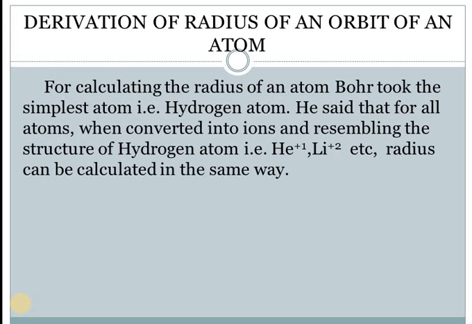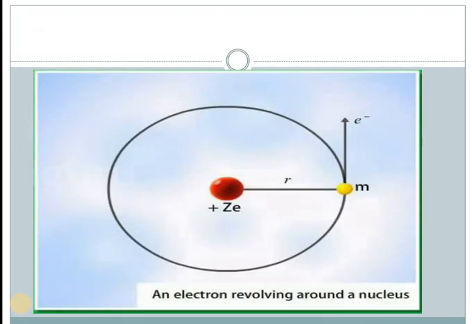Now you can see that it is written over there that Bohr said that all the atoms, when converted into ions, resemble the structure of hydrogen. That is, if we take helium, helium has 2 electrons and 2 protons, but we have removed one electron from it, so it is helium +1. Lithium is +2, and we have to calculate the radius of this.